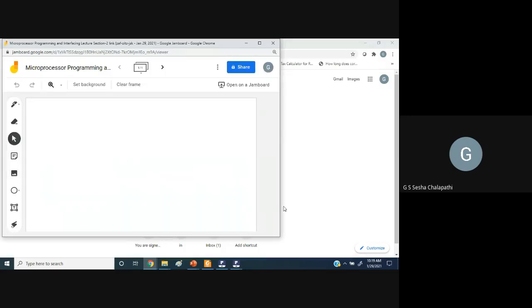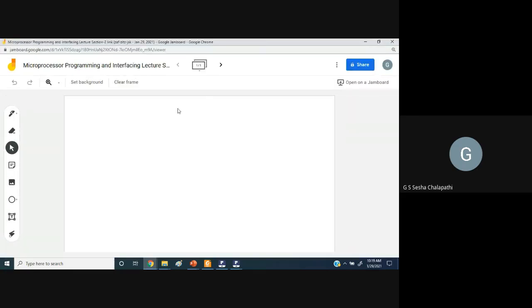The Jamboard is on my screen also, so you need not shift to this particular thing.